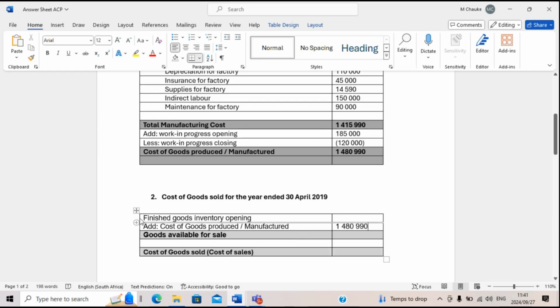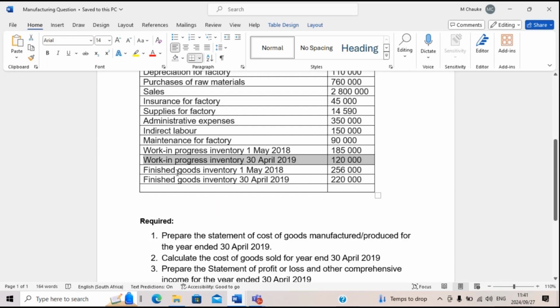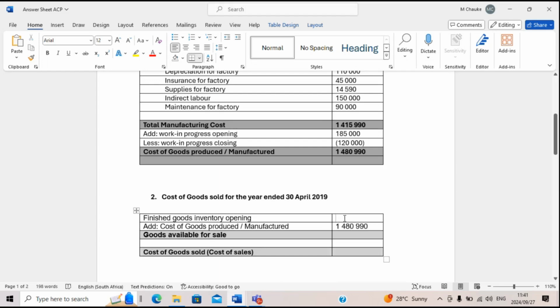And then we go to the question to check the finished goods inventory opening there. The finished goods inventory opening is 256,000, right? It is given right there. So we say 256,000 finished goods inventory opening, you add cost of goods produced or manufactured, and you're going to get cost of goods available for sale.